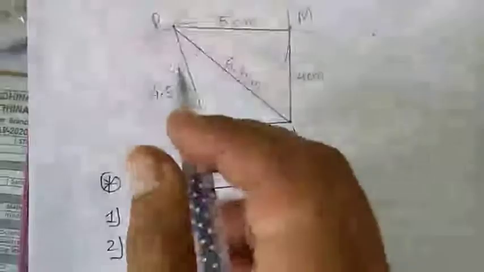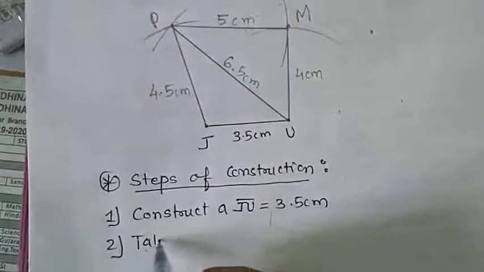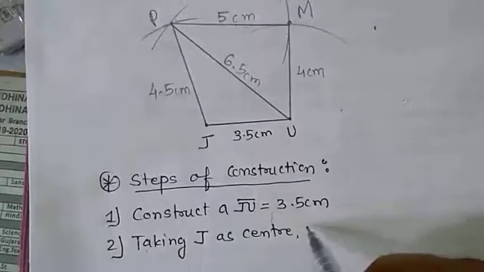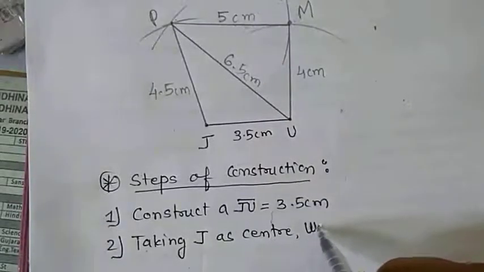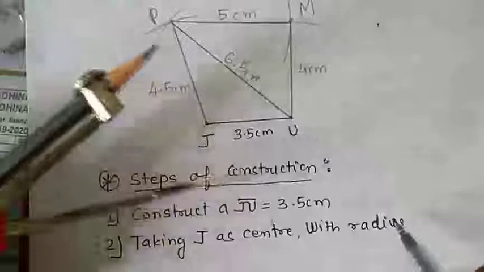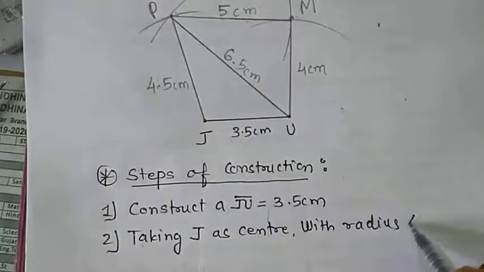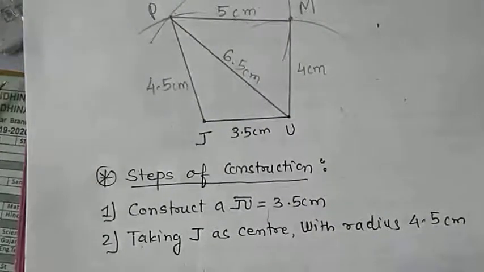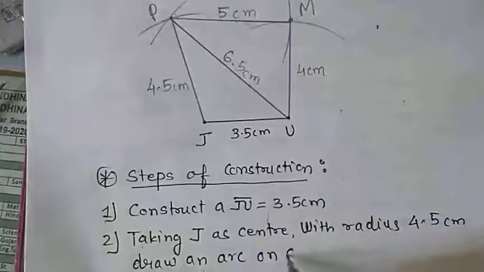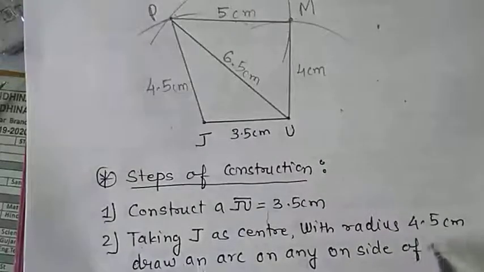Secondly, we have done J to P, taking J as center with radius, means what we are taking with the help of this compasses and scale, taking J as center with radius how much, 4.5 centimeter. Draw an arc on any one side of JU.